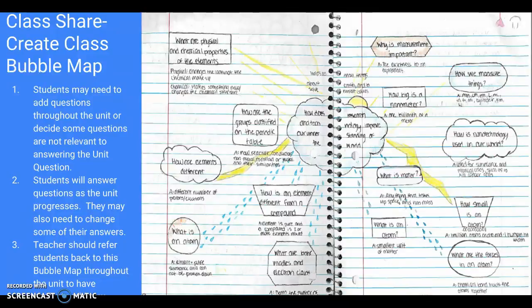Also, as they go through, they may find that some of the answers that they thought were answers are not correct, or maybe they're now more advanced answers that they are able to comprehend and to put in there. So on this page, you'll start to see changes being made, maybe cross-outs, maybe additions to answers.